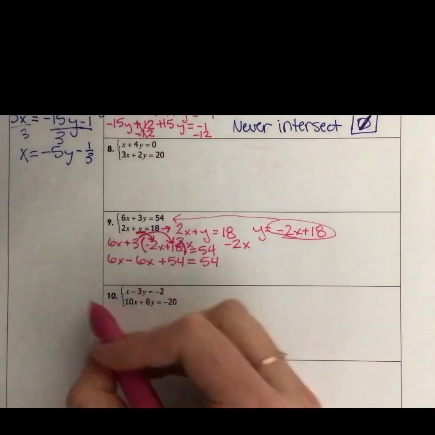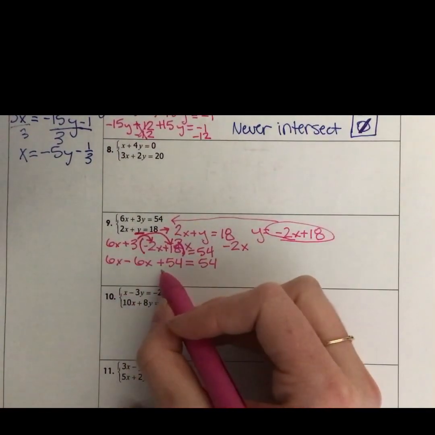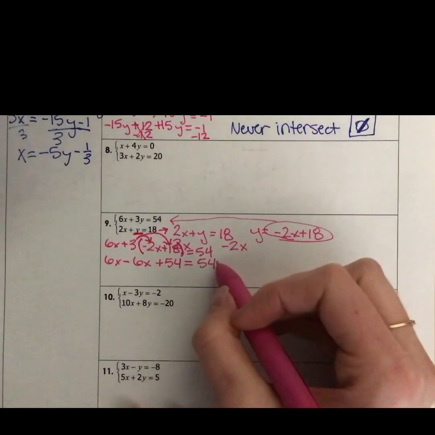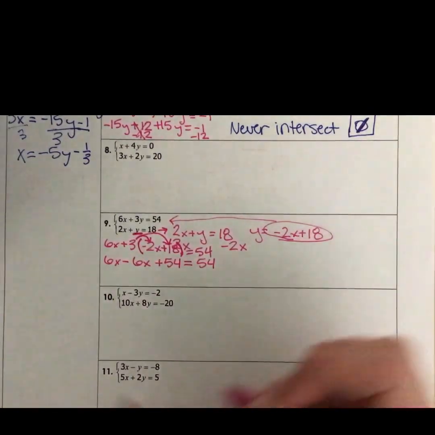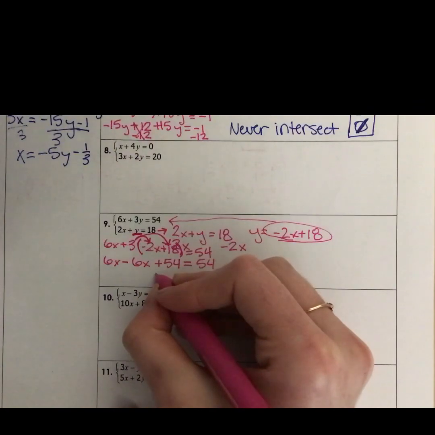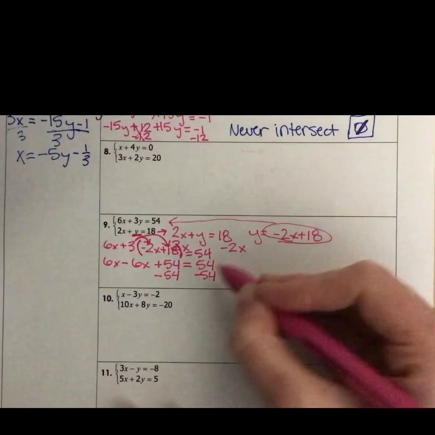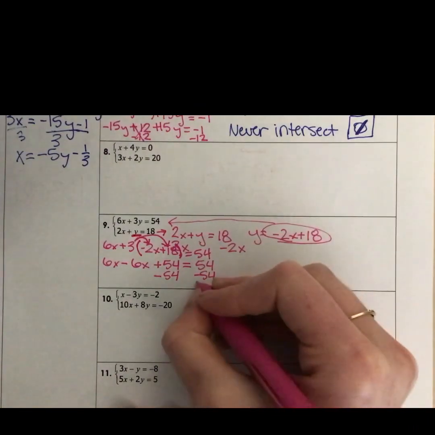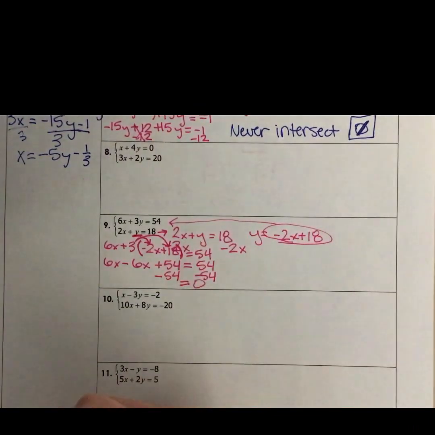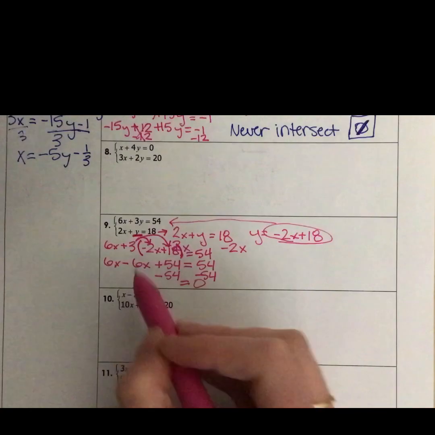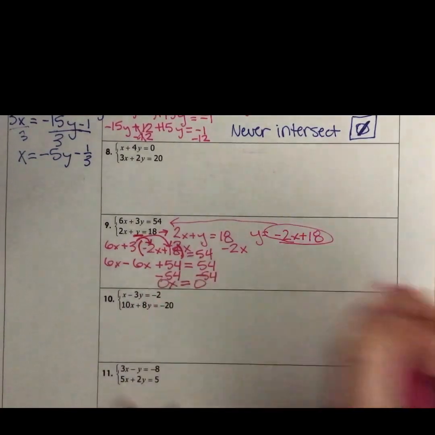Now again, before I start combining like terms, I want to make sure that I have constants all on one side and my x's all on the other. So let me move this 54 over, minus 54 from both sides. Well, 54 minus 54 would give me 0. And if I take 6x minus 6x, I get 0x.